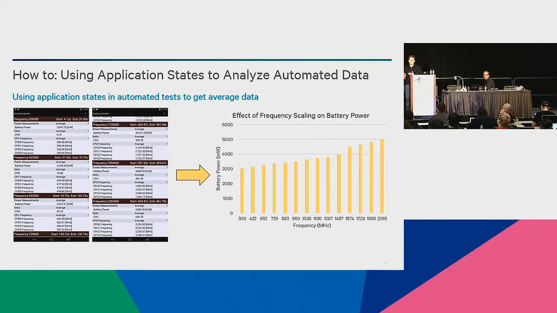If you were to just take a look at this, you might think that the relationship is linear, and you might ask yourself, how much power is consumed when my CPUs are running at the highest frequency versus the lowest frequency? You can use Trepn's automation features to figure that out.